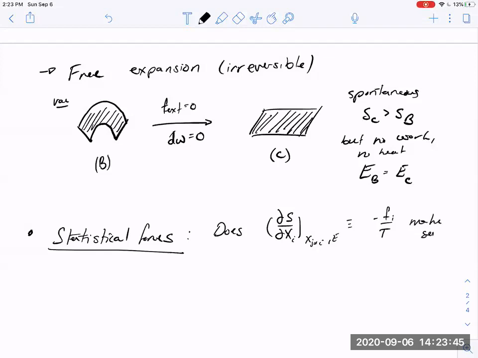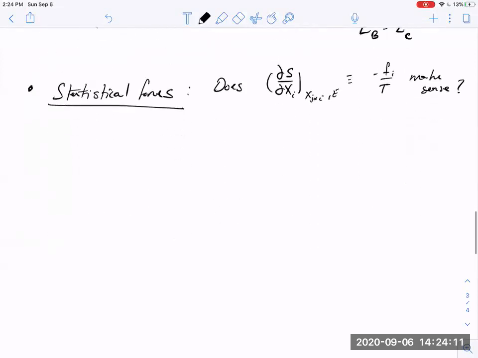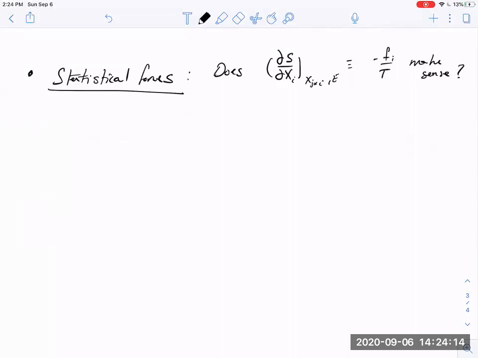We should ask if this definition makes sense. Does it make sense to attribute the change in the entropy with change in mechanical variables to an actual force, something we imagine from Newtonian mechanics as having a very specific sort of meaning? It's something which is the generator of inertia in the system, causes acceleration. How is it possible then that it is related to just counting up a number of states? So let's flesh out that notion before we continue discussing consequences of the first law.